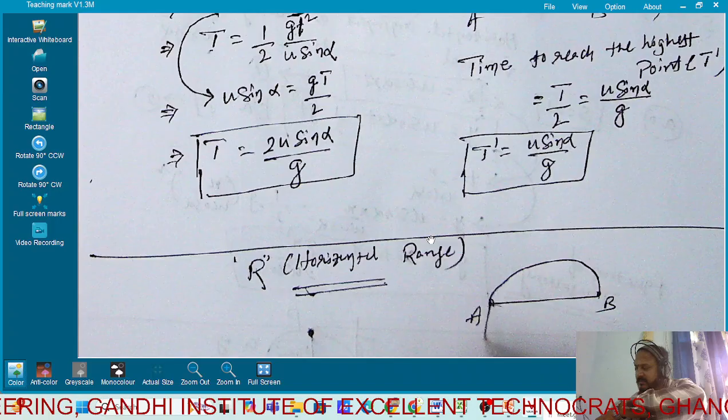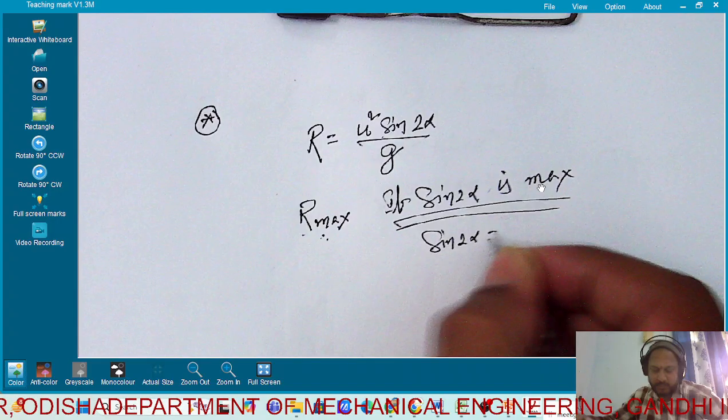Sine 2 alpha maximum means sine 2 alpha is equal to 1. What is the value of sine 90? 1. So instead of 1, I have taken sine 90. Both sides get cancelled. 2 alpha is equal to 90 degrees. What is alpha? 45 degrees.